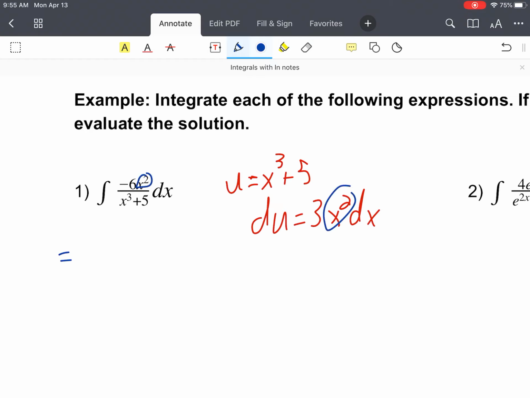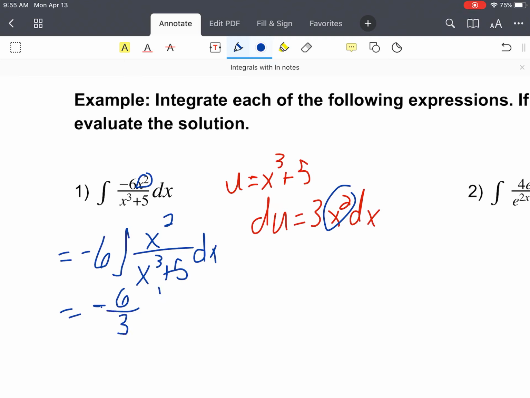So if I'm going to fix that top, I already have the x squared, but I need a 3. So I'm going to take out the negative 6, and then I need a 3 up top, so I'm going to divide by a 3 on the outside to counteract it.